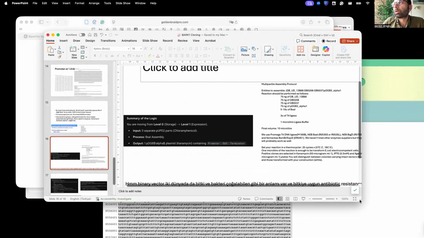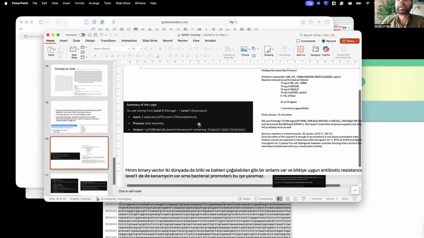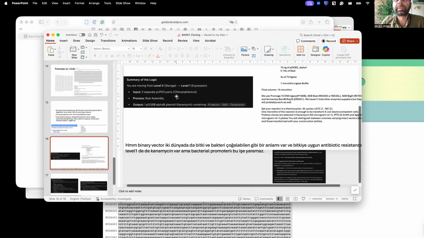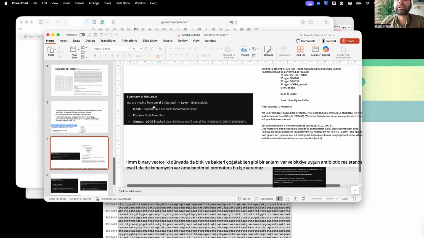So I have these notes that help me. I discuss with Gemini and get some information. Like they call level 0, level 1, and level 2. Omega is level 2, alpha is level 1.